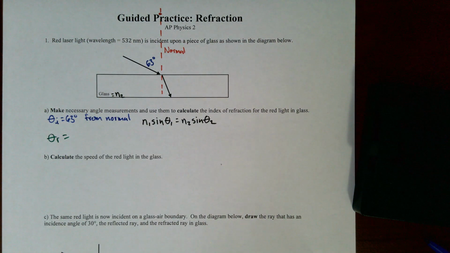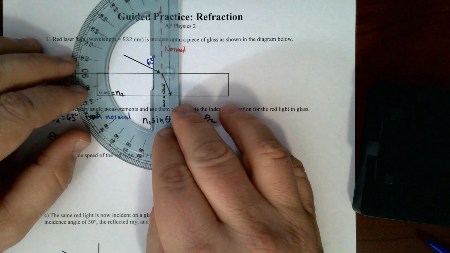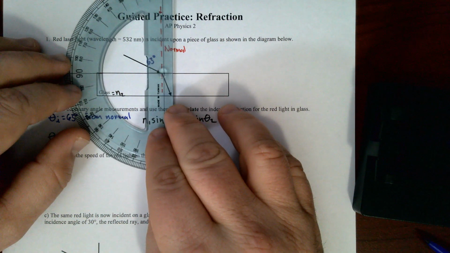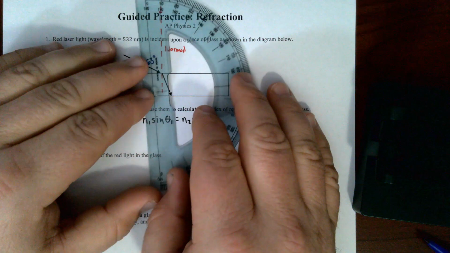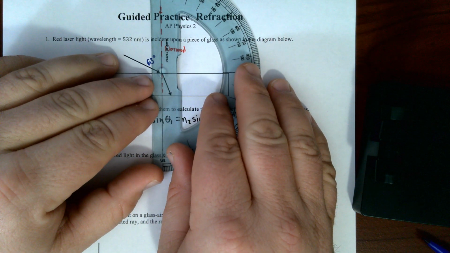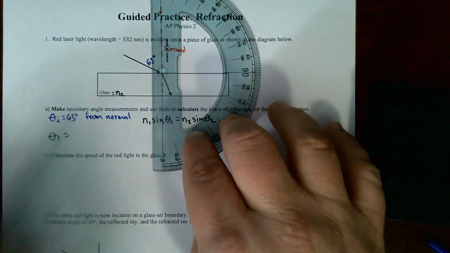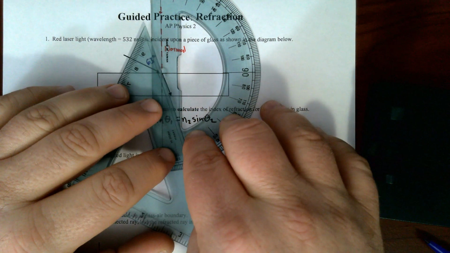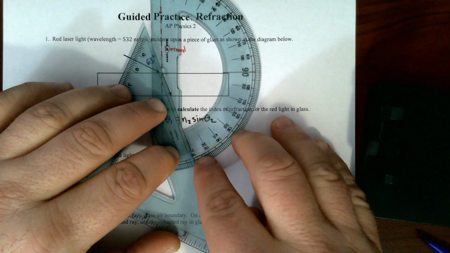equals, so let's line our protractor up again. Actually, I need to spin it this way to measure the refraction angle. Again, I'm going to use my little triangle tool and extend that outwards.